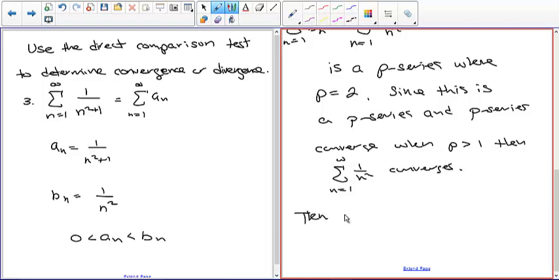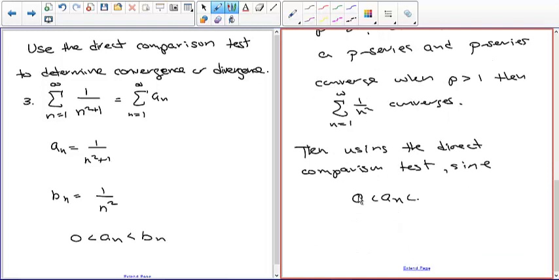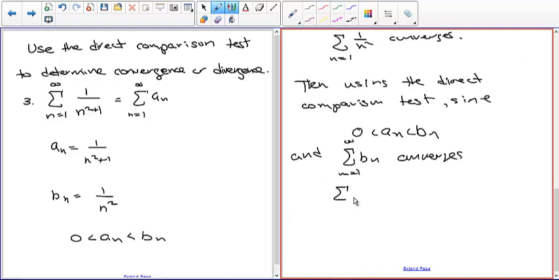Using the direct comparison test, since this is true and the summation of b sub n as n goes from 1 to infinity converges, the original series that we were looking at, the summation of a sub n from n equals 1 to infinity, which is the summation from n equals 1 to infinity of 1 over n squared plus 1, also converges.